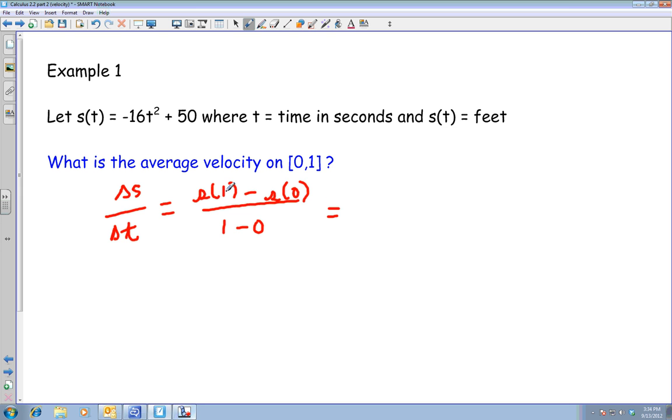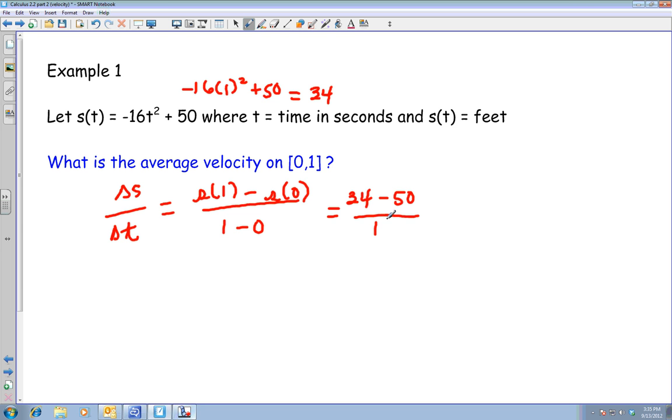So what does that mean? s of 1 means to plug 1 into this equation. When I plug 1 into that equation, I get 34. So I have 34 minus, when I plug 0 in here, I get 50, all over 1 minus 0, which is 1.